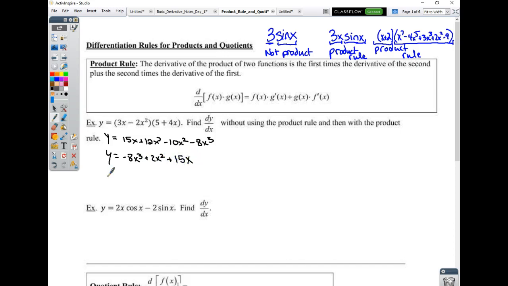This isn't terrible, so if I wanted to take the derivative of this now, I would say dy dx is, that wasn't bad.